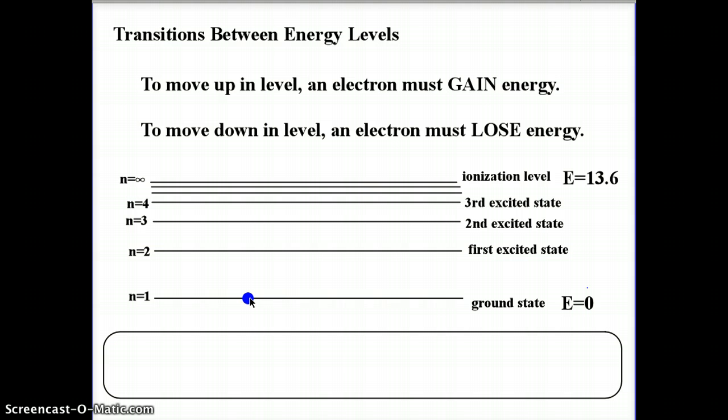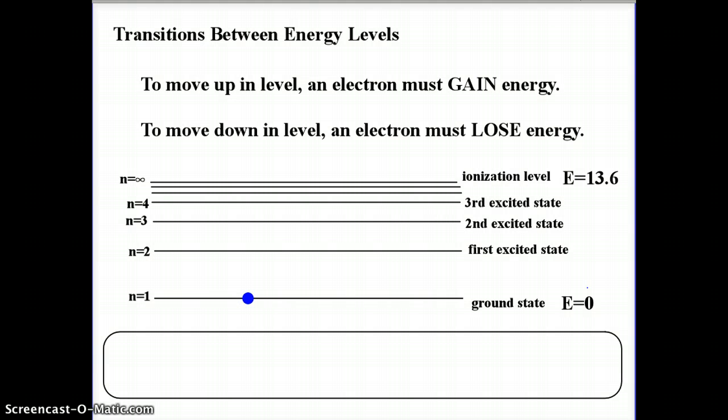Electrons like to have as little energy as possible, so they like to try to end up in the ground state. The ground state has no energy. Well, how do I get an electron from here up to the first excited state, or even higher? It's got to get energy from someplace.